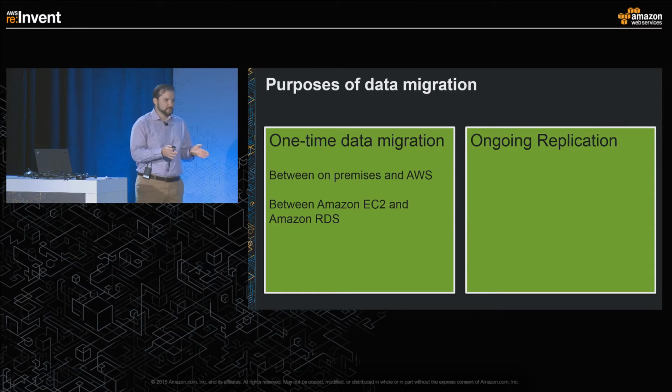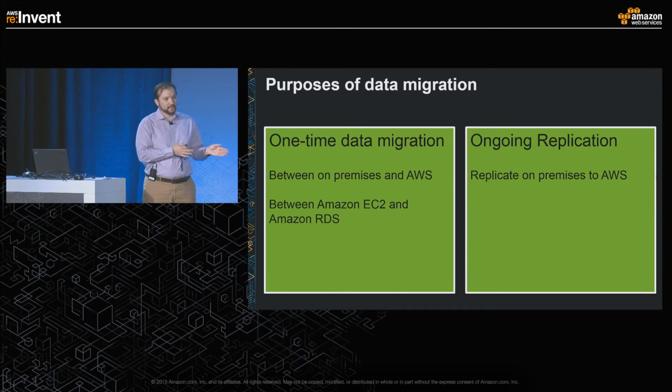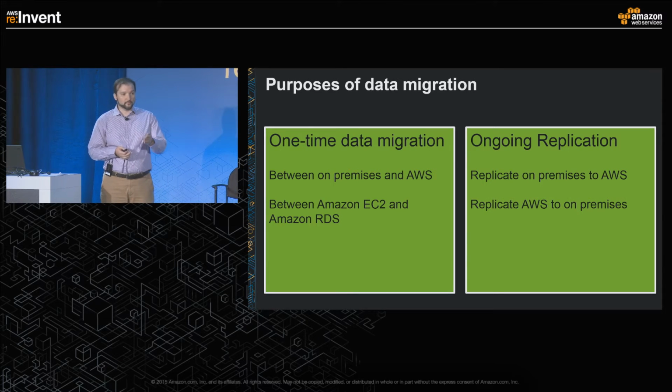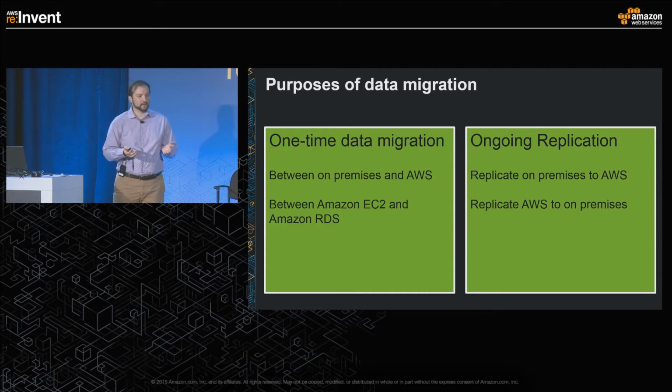Once you have your databases in the cloud, you might choose to replicate them. You might want to continue replicating your on-premises database to the cloud, or you might want to choose to replicate back for disaster recovery purposes or for compliance purposes.